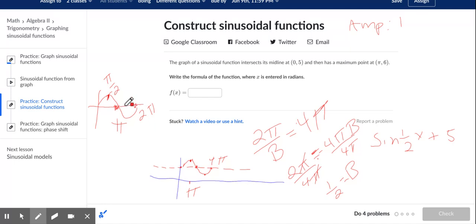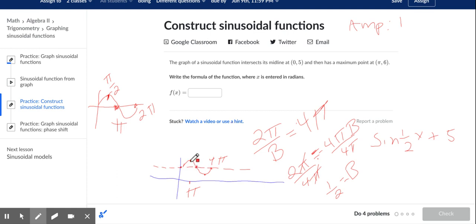And also making sure that you're comparing the correct points. So you have to be comparing this maximum to this maximum, this first maximum after the y-axis. Or if you were given this point, make sure you're comparing it to this point or whatever. So just making sure you're comparing the correct points, and then you'd be fine.